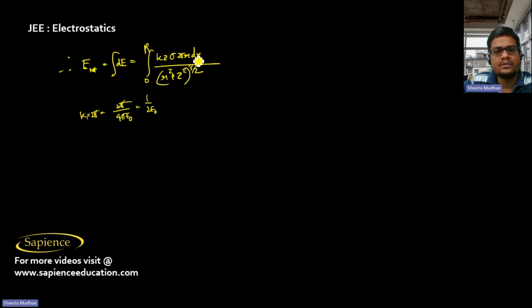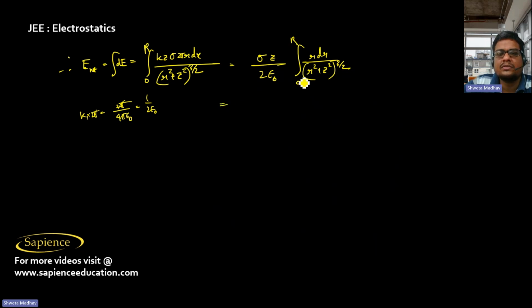So this is sigma z by 2 epsilon naught into integral r dr by (r square plus z square) power 3 by 2, from 0 to r. This you have to integrate now.